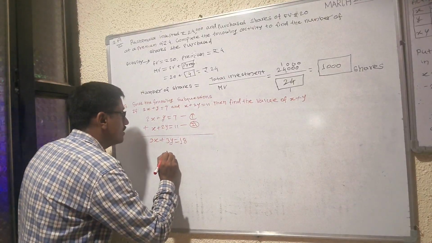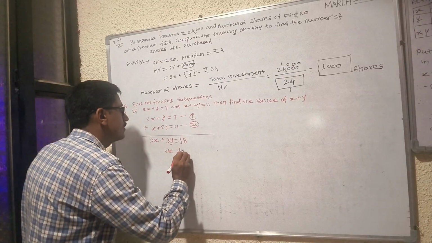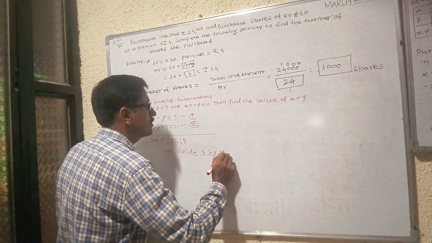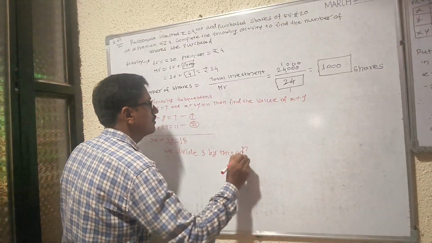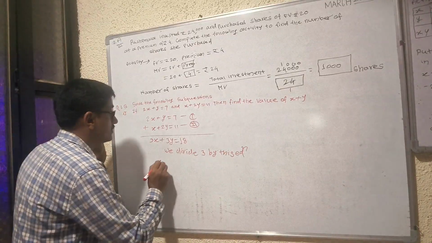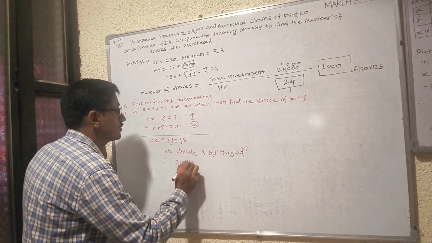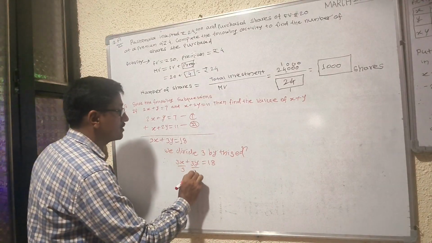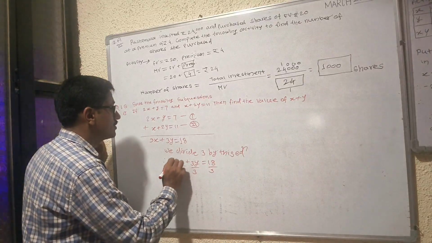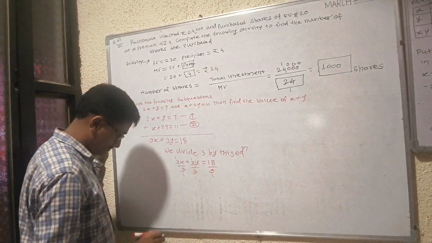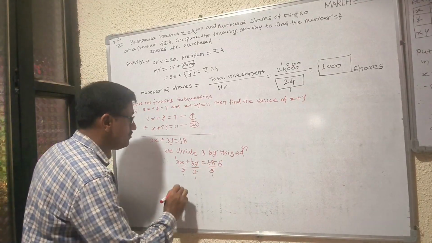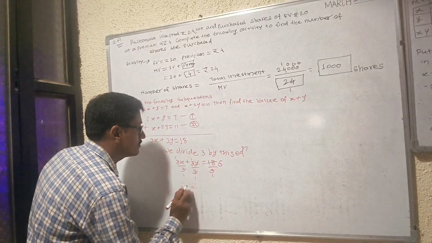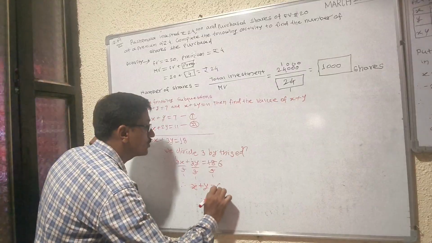We write here: since 3x plus 3y is equal to 18, divide each term by 3. 3 ones are 3, 3 ones are 3, 3 sixes are 18. The remaining terms we write here: x plus y is equal to 6.